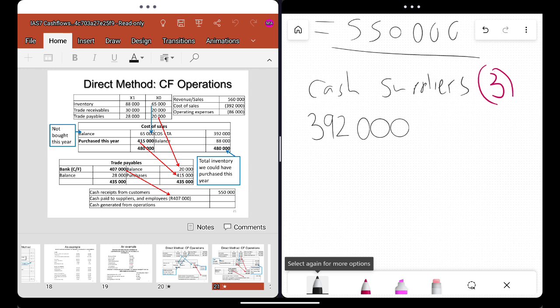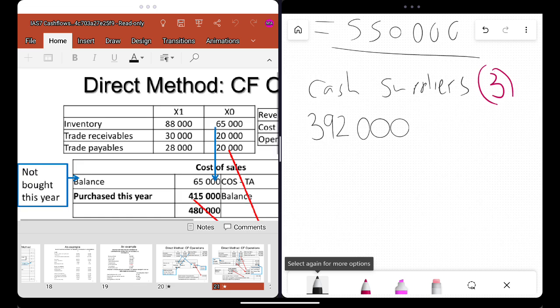Now we're done with the first component, cost of sales. The second component is inventory. If you look at inventory, it increased. Beginning of the year is X0, end of the year is X1. So inventory went from 65,000 to 88,000, so obviously it's an increase. Think about it logically: your inventory in the business increased, so you bought more inventory. This 392,000 is like your products in the business, but now you also bought more inventory because it increased.